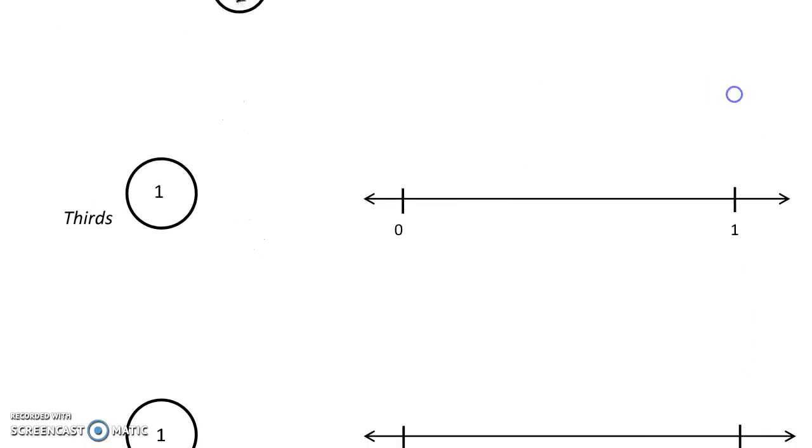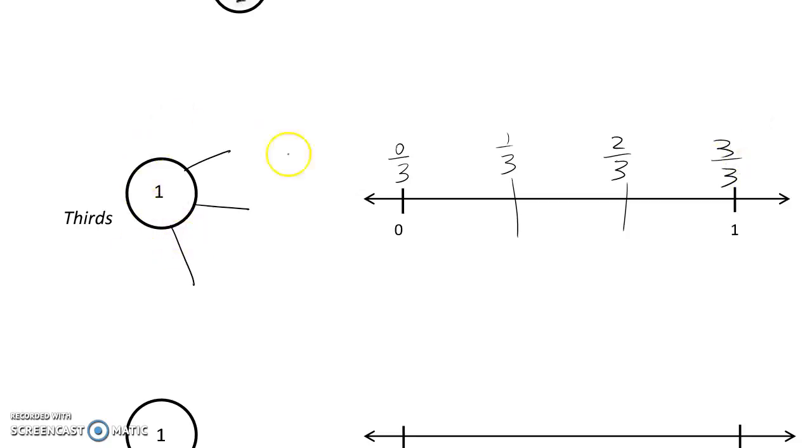But notice they're going to be different fractions. So here we've got thirds. Well, how many sections does that mean I have on my number line? 3, right? That means I need 3 sections coming off of my number bond. Okay, so at 0 I'm at 0 thirds, 1 third, 2 thirds, and 3 thirds.